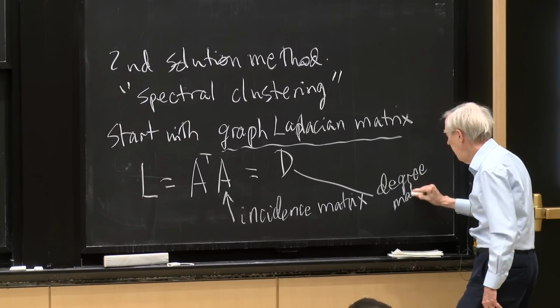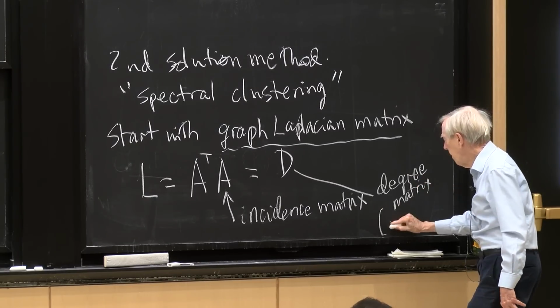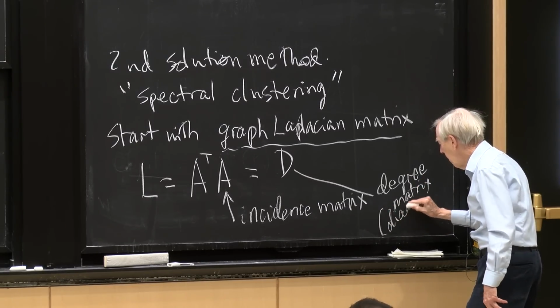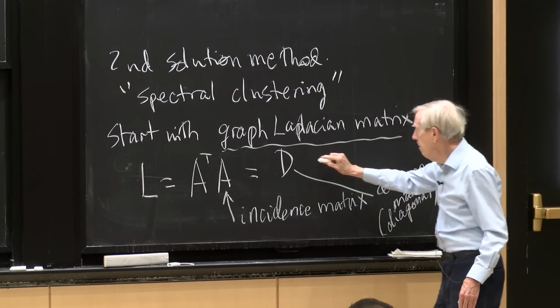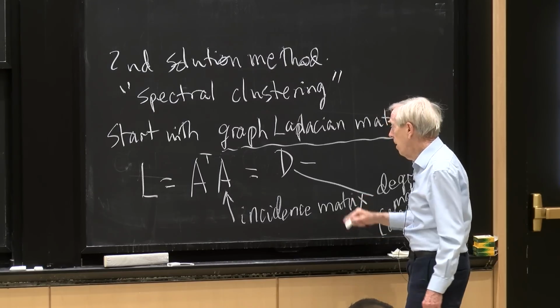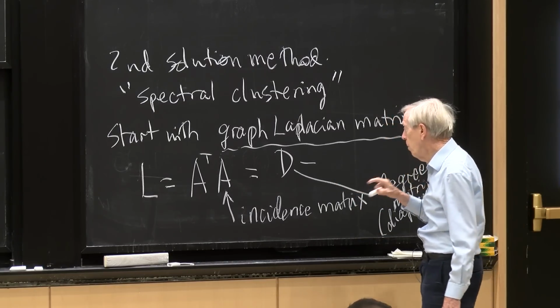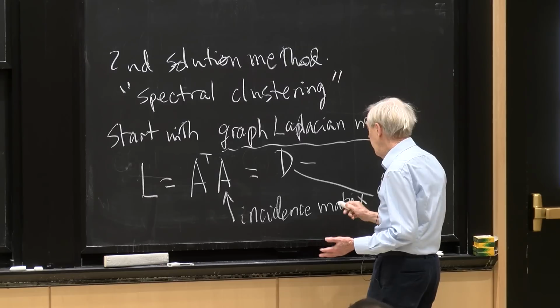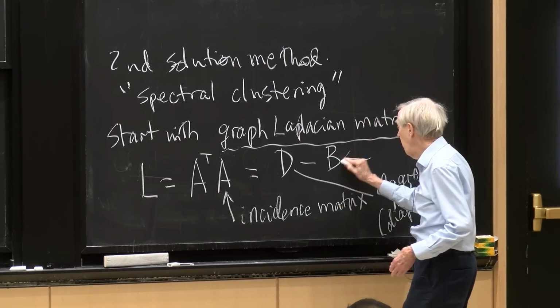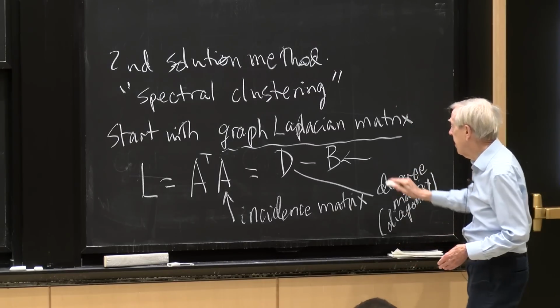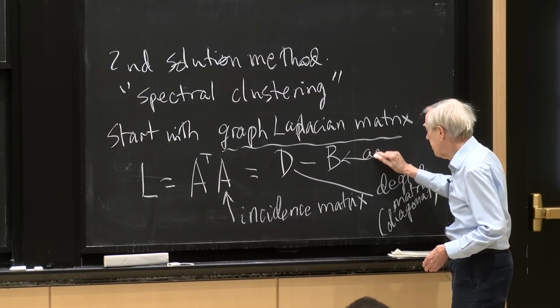That's diagonal. And I'll do an example just to remind you. Minus the, well, I don't know what I've called this one. Shall I call it B for the moment? And what matrix is B? That's the adjacency matrix.